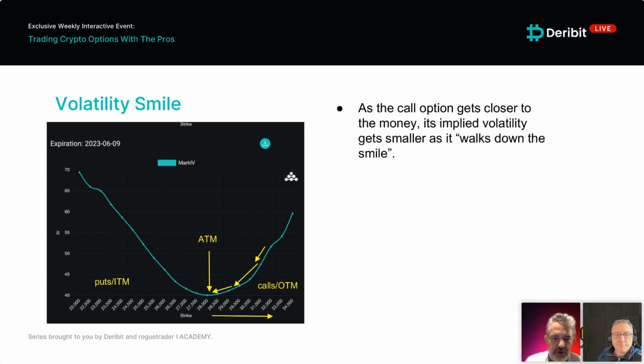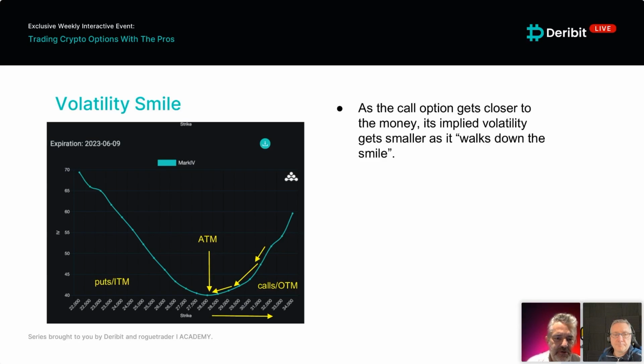What this is showing you, ignore the yellow arrows for a minute, is that the green line is showing you the implied volatility of the options on the 9th of June expiry at each strike. So you'll notice that at the time I took this snapshot, the market was around about 28,000.